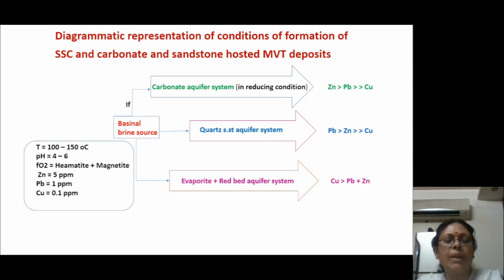When this basinal brine moves through a quartz sandstone aquifer system, it precipitates more of lead followed by zinc and much less of copper. And when this fluid moves through an evaporite plus red bed aquifer system, it precipitates more copper than lead and zinc together.